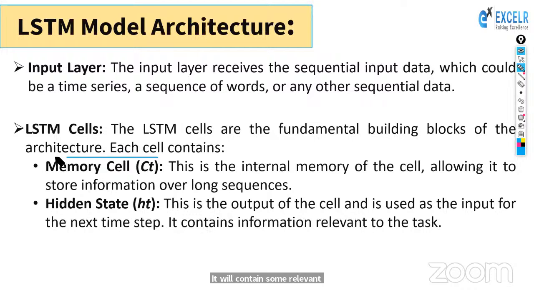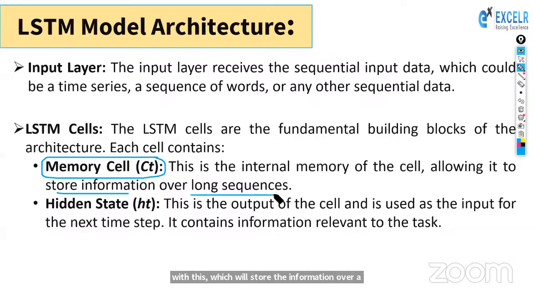Now, guys, with this memory cell, which stores information over long sequences or past time instances, as we progress with current input data, do we need to store all the past information? No, right? Sometimes we need to delete some information which is not useful, and we need to add new or current information which is relevant for upcoming data.